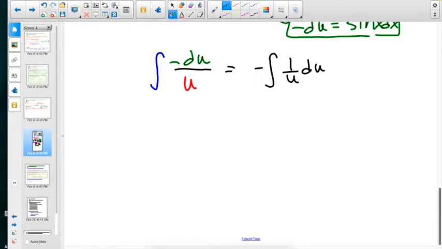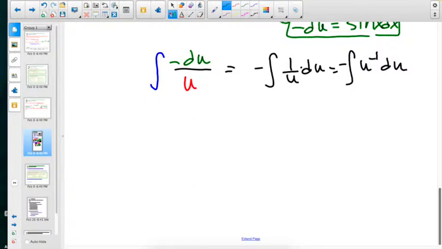Du over u is the same thing as saying 1 over u times du, right? That's just manipulating the expression, and then you can always just write the fraction and then the du. And then Amanda, I think you were saying that's u to the -1. Right?